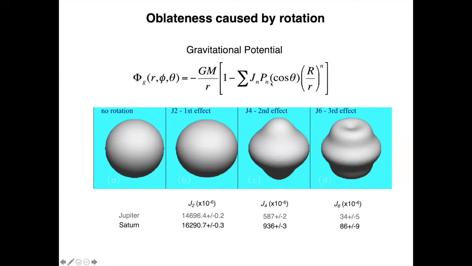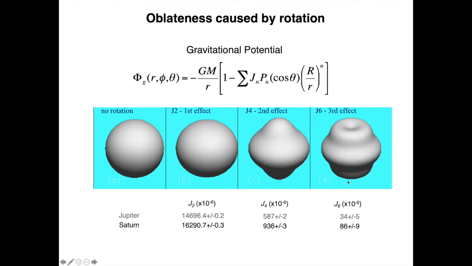For n equals 2, you have this oblate sphere, which is the paraboloid. For n equals 4, you have an x to the 4th power. These are some of the coefficients for the planets measured by spacecraft. As you see, the J2 dominates after the monopole term, and the other coefficients are very small.